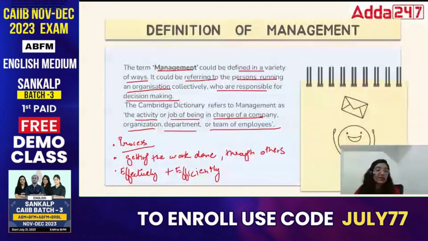Now, coming back to the area, getting the work done through others effectively and efficiently, right? So how do we define this area? How do we define the term effective? How do we define the term efficient? Any clues, everyone?